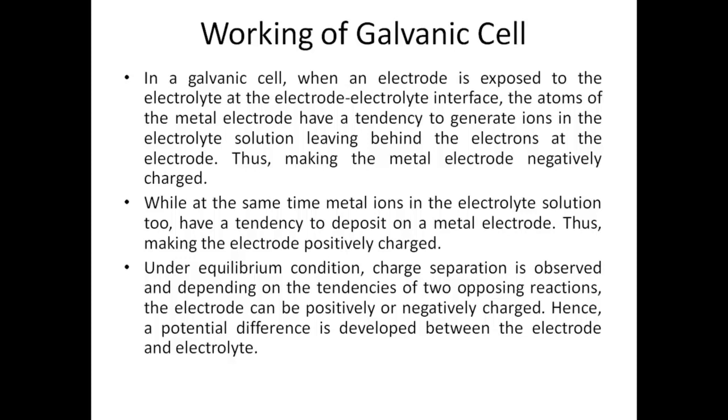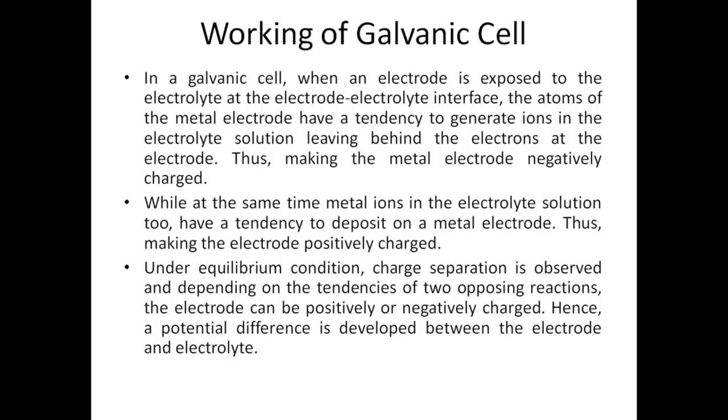So that makes the electrode positively charged. Under the equilibrium condition, a charge separation is observed, and depending on the tendency of the two opposing reactions, the electrode might become positively or negatively charged. So a potential difference is developed between the electrode and the electrolyte.